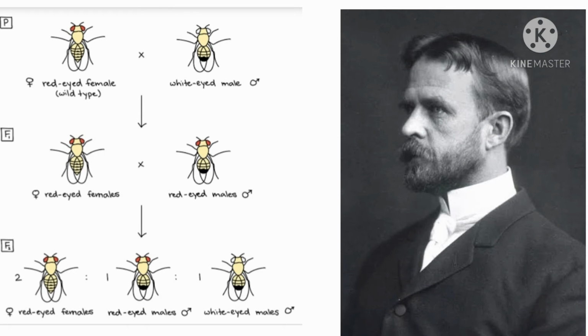Because of segregation of the chromosomes without the dominant red allele, so white-eyed males will be produced again, and white-eyed females also have a chance. The red-eyed females and red-eyed males are also present. It means the chromosomes will segregate again.